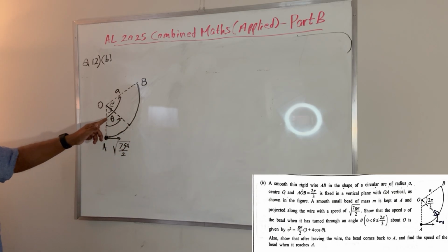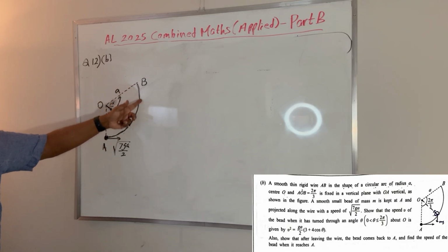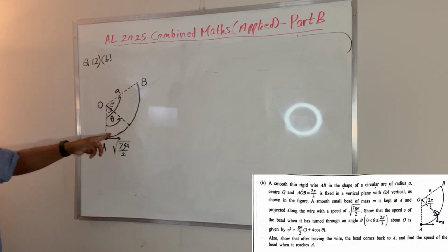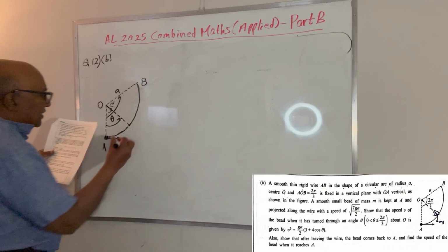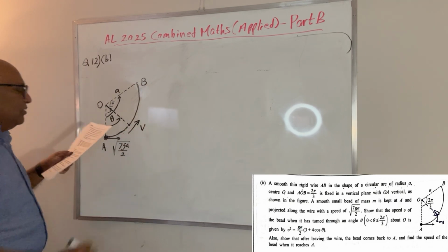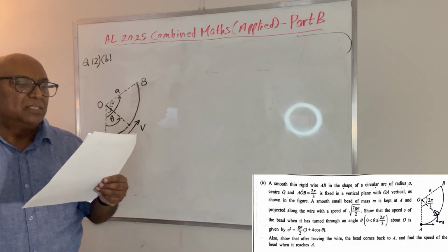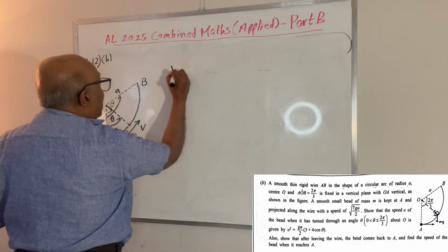Theta is between 0 and 2 pi upon 3, that means this equation is valid only between A and B. So the speed of the particle v is given by this equation, and we have to show this equation.